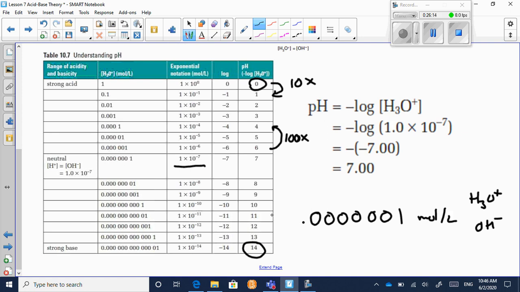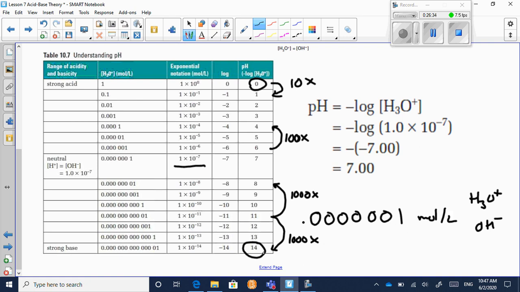As you go from 11 down to, let's say, 8, that's 1,000 times more acidic. Or if you were to jump up from 11 to 14, it's 1,000 times more basic. So 10 times 10 times 10.